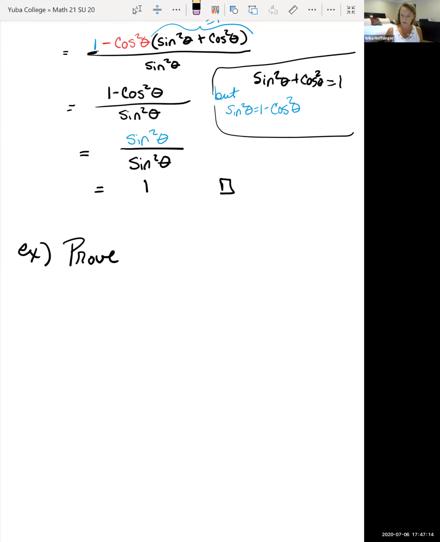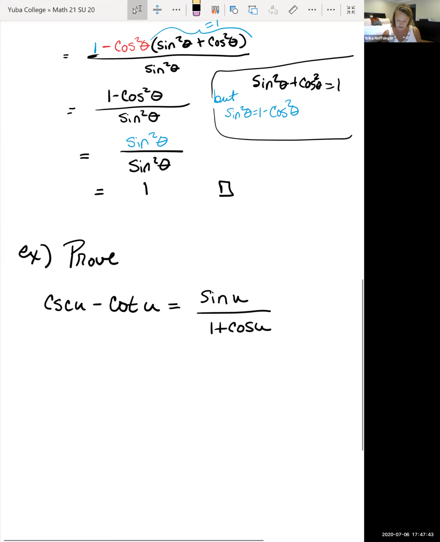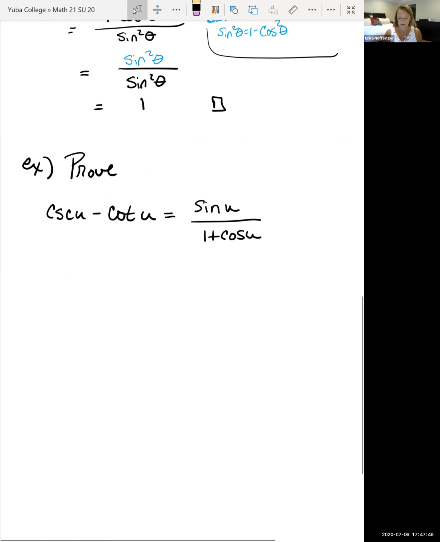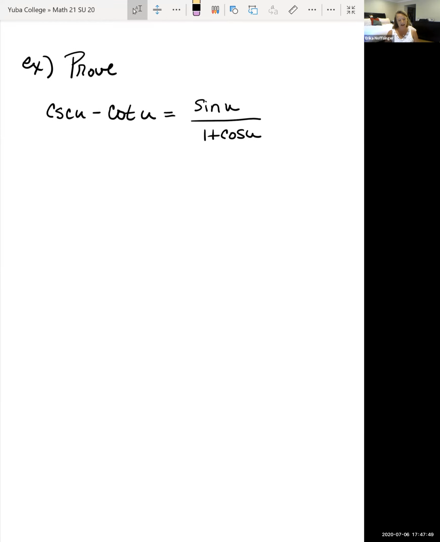So let's prove cosecant u minus cotangent u is equal to sine u all over 1 plus cosine u. Okay, so this one, it doesn't really matter what side you work with.